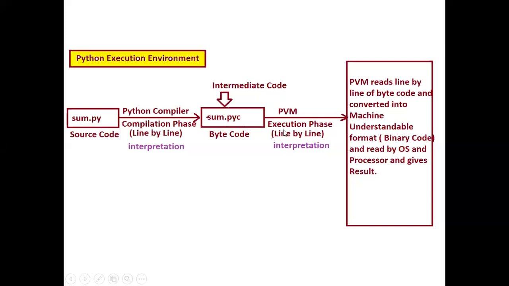If nothing is there, it will definitely convert it into the intermediate code, that is sum.pyc. Intermediate code will be a bytecode. And then the PVM reads the bytecode line by line, converts it into the machine understandable language, and finally gives the result which is understandable by the end user or the programmer.